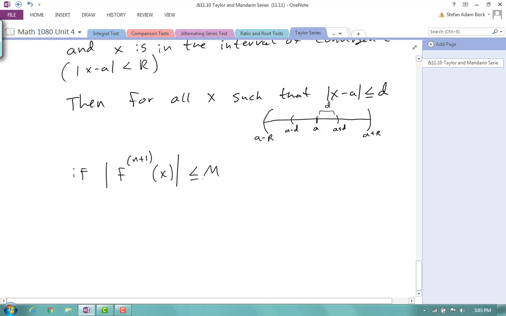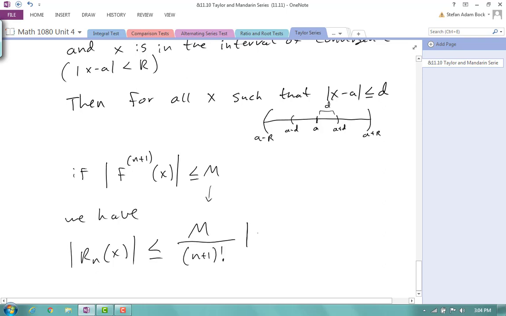I find the maximum positive or negative value for my n plus first derivative for my function, and I plug it in like this. The remainder is less than or equal to this number m divided by n plus 1 factorial multiplied by x minus a to the n plus 1, which is basically looking at the next term of the Taylor series.